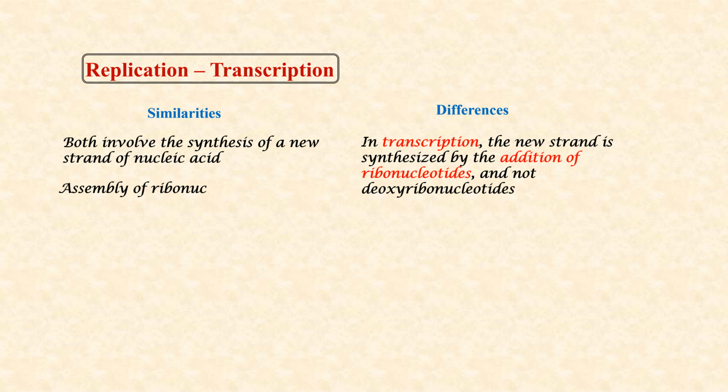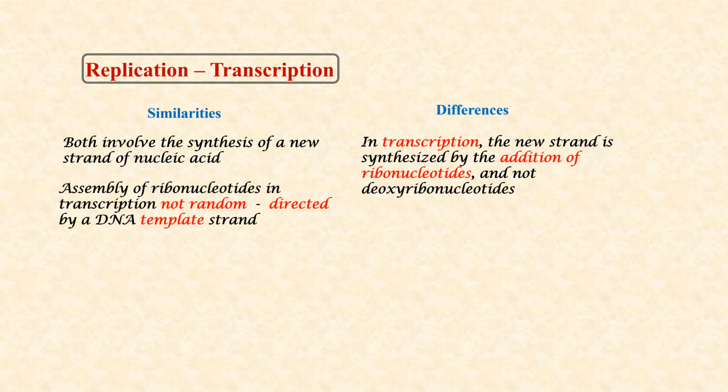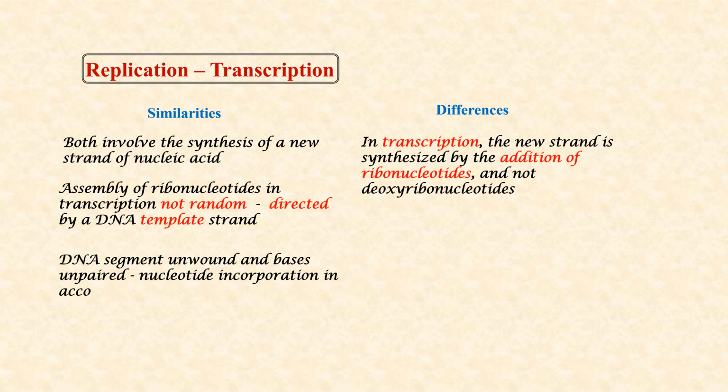Like DNA synthesis, assembly of ribonucleotides in transcription is not random, but directed by a DNA template strand. Here again, DNA segments are unwound and bases unpaired, and nucleotide incorporation takes place in accordance with the principle of base complementarity.